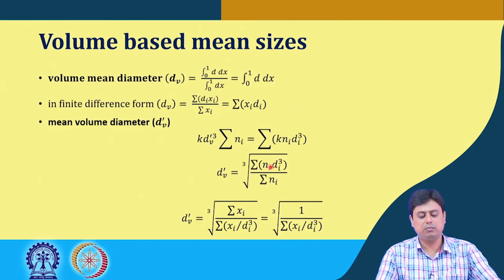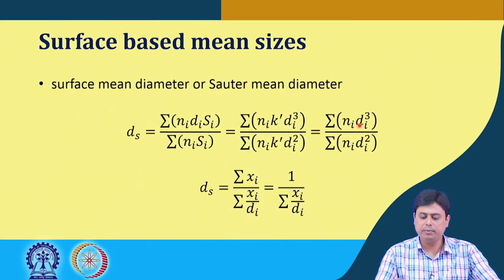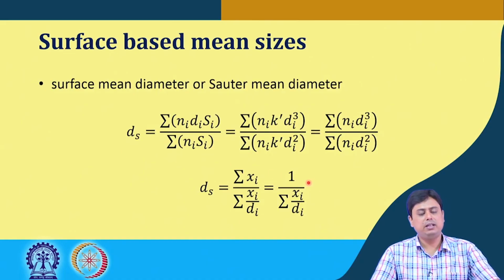So this is the relation between the size distribution by number and the size distribution by mass fraction. Similarly here also, when this Ni is replaced by the expression of X, we get this dimension. So here we get the surface mean diameter, or the Sauter mean diameter.